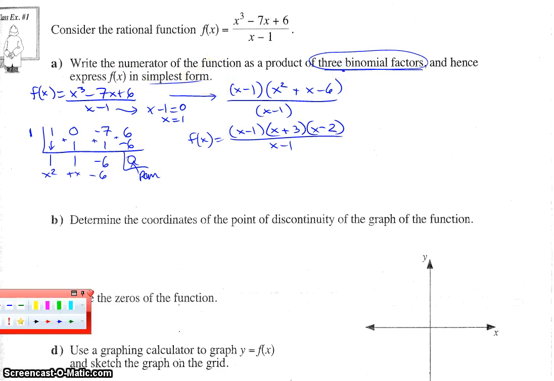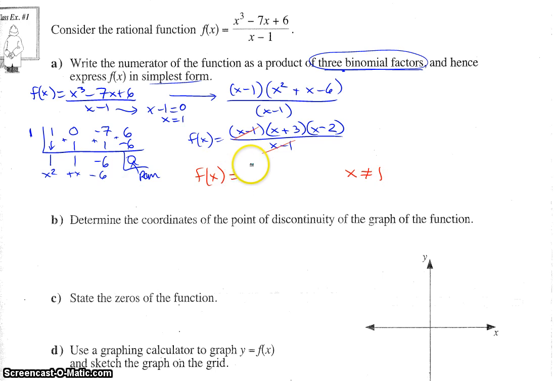Now I think what they're talking about there is we can now cancel off x minus 1, but before we do, we have to make sure we tack on that x cannot equal, what's our NPV? 1, right. So our simplest form would be f of x equals x plus 3 and x minus 2 as factors where x can't equal 1.